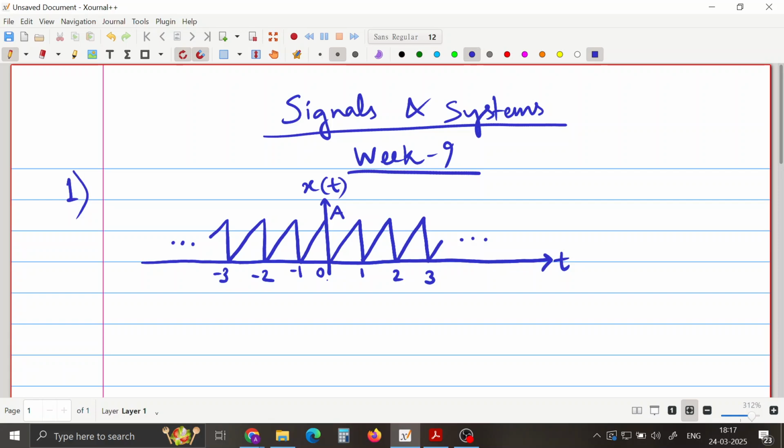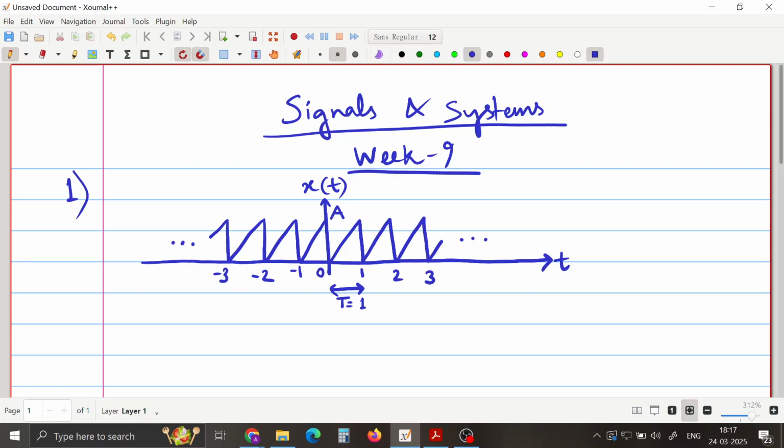What will be the fundamental period of this signal? It is clearly visible that the fundamental period of this signal is capital T equals 1, because you see this pattern repeats after every 1 unit of time, and that's the smallest possible time period.